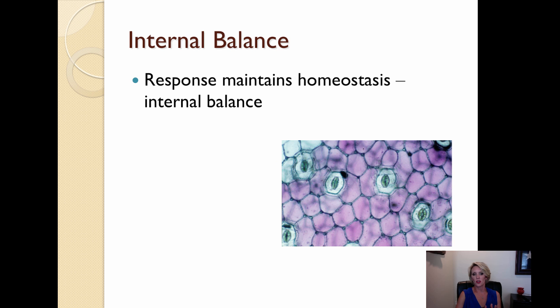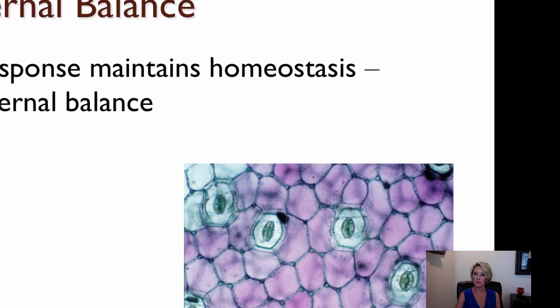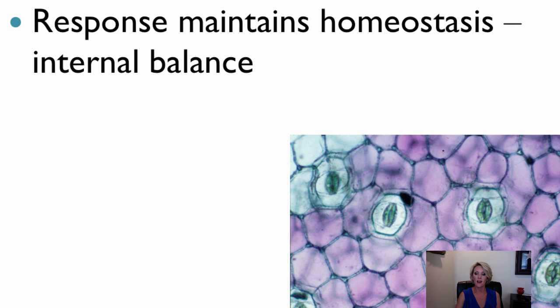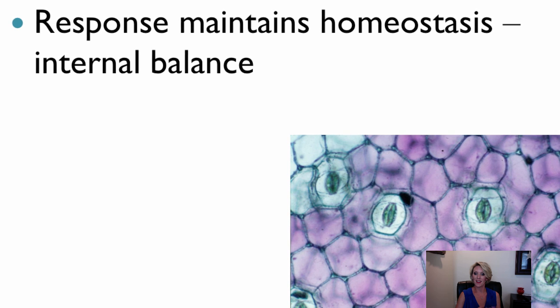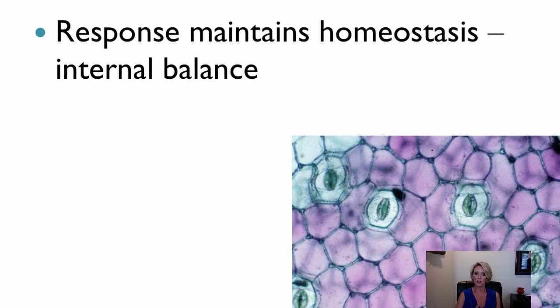Now, all living things are going to maintain an internal balance, and the science word for this is homeostasis. Now, this internal balance is crucial for survival. This picture you see here is of these microscopic cells on the bottom of a leaf called stomata. And what the stomata do is open and close. And when they're open, they lose water.